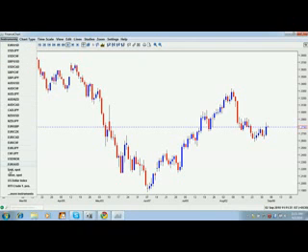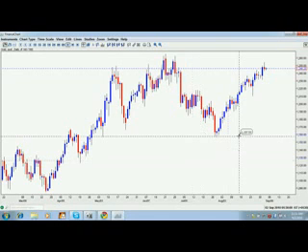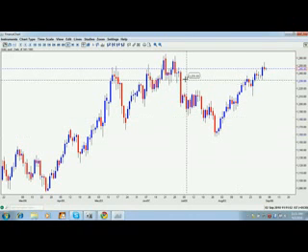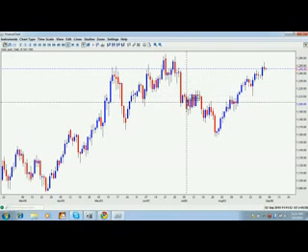Now what you observe here is the gold chart expressed in dollar terms, and the type of the chart which it is said is the candlestick chart. If you observe, each of these days' movements is represented by what we call a candlestick.